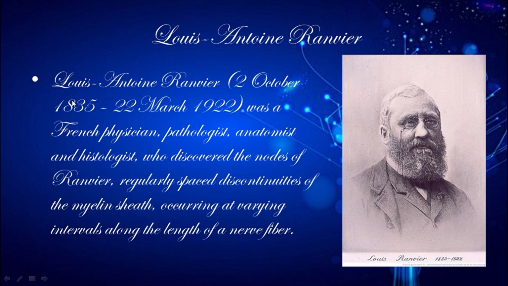Louis Antoine Ranvier was a French physician, pathologist, anatomist, and histologist who discovered the nodes of Ranvier, regular discontinuities of the myelin sheath occurring at varying intervals along the length of a nerve fiber.